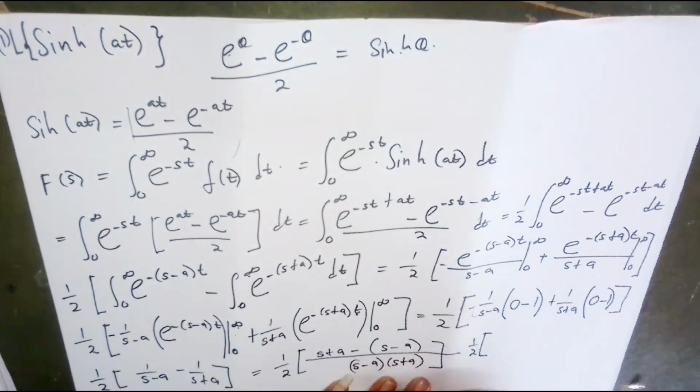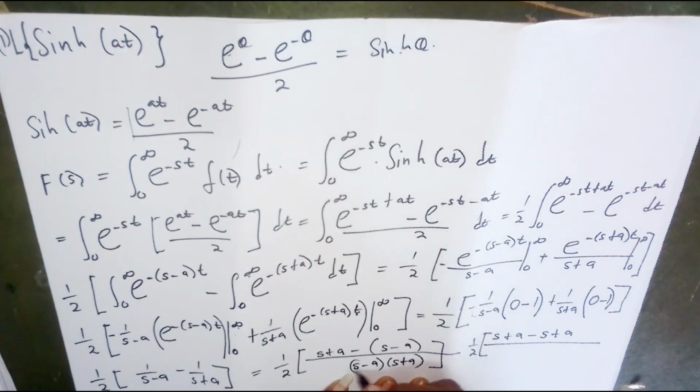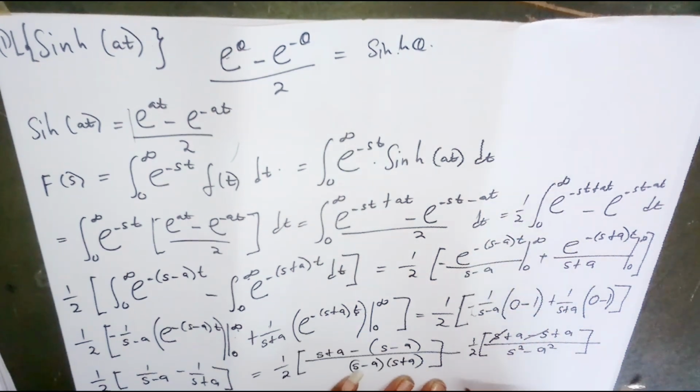Our answer here is s plus a minus (s minus a), over s squared minus a squared. Here we see that the s and s cancel, and we are left with 2a over s squared minus a squared.